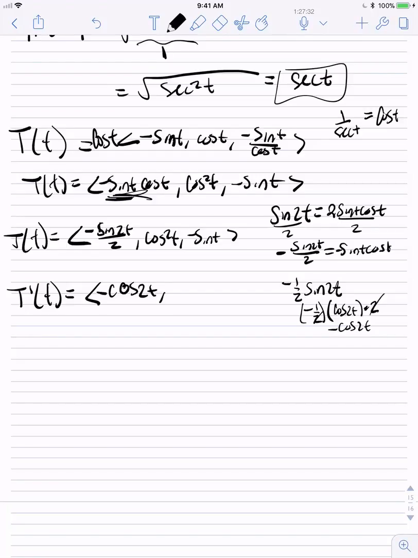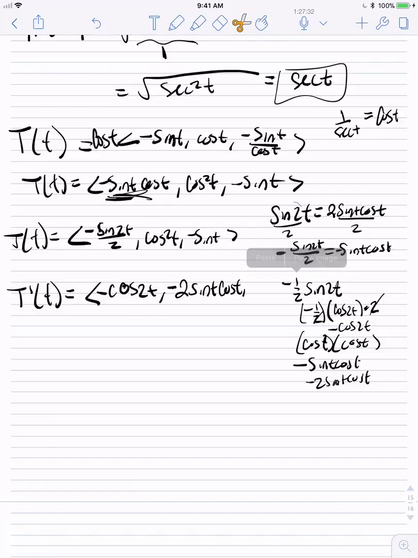Derivative of cosine squared, we can also do the product rule there. 1 times the derivative of the second, which would be negative sine t cosine t. And then we're going to add that again, so we'll just get a negative 2 sine t cosine t.